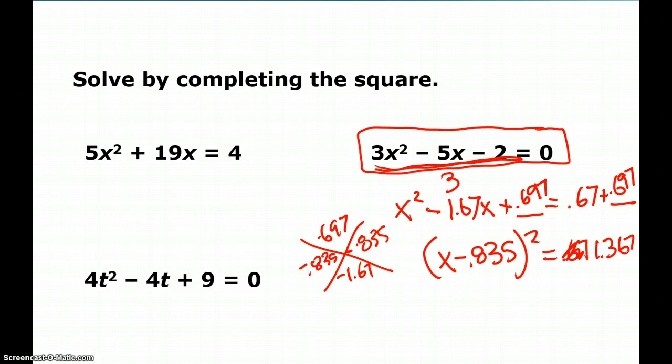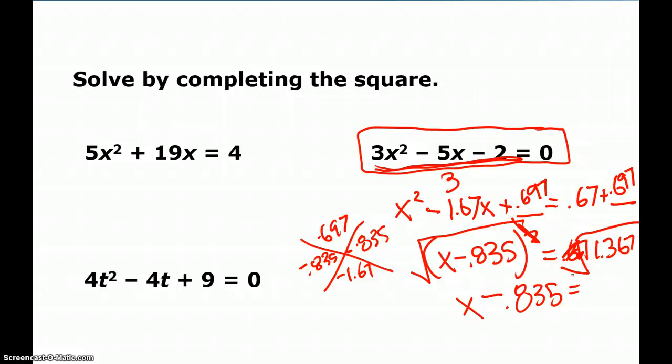1.367. If I square root one side, I square root the other side. So these cancel. So I get x minus 0.835 equals, square root of that, I get plus or minus 1.17.